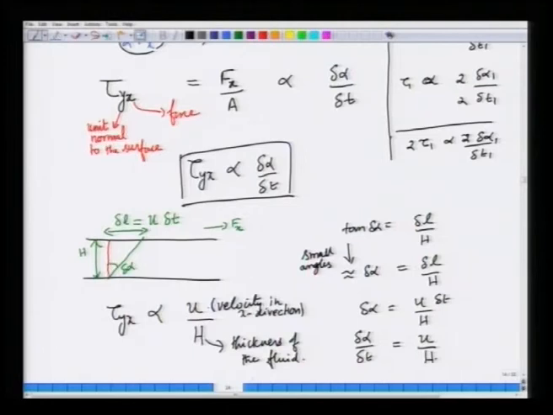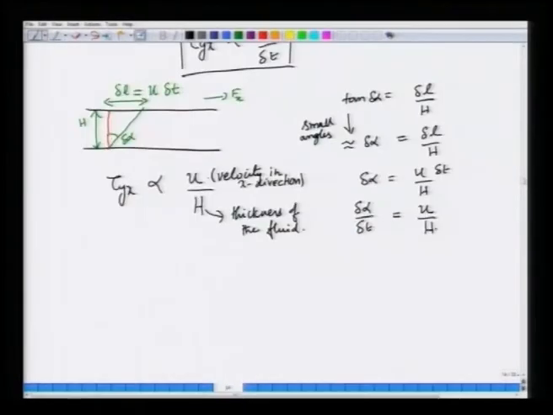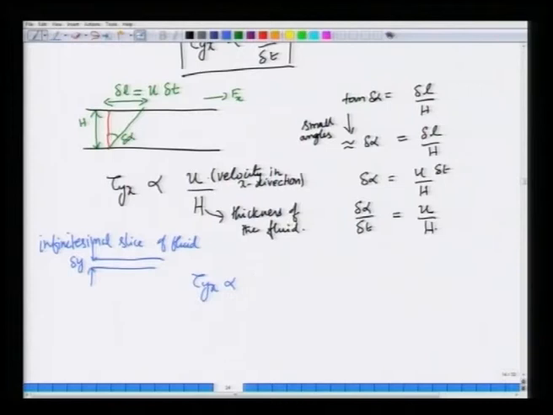So, instead of taking finite thickness, we can also consider an infinitesimal thickness delta y. Then tau yx, for an infinitesimal slice of fluid, will be proportional to delta u by delta y, which is essentially the velocity of this top layer with respect to the bottom layer.